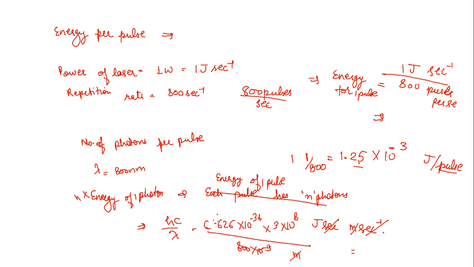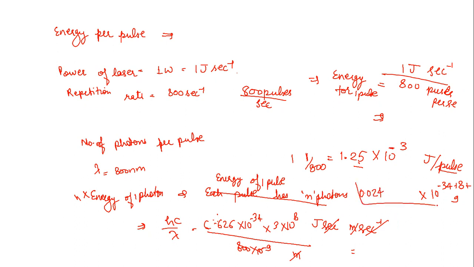It will be 6.626 into 3, 19.878 divided by 800. Wait, actually we have to correct the power also: 10 to the power minus 34 plus 8 plus 9, and 6.626 into 3 is 19.878 divided by 800 comes to be 0.024.